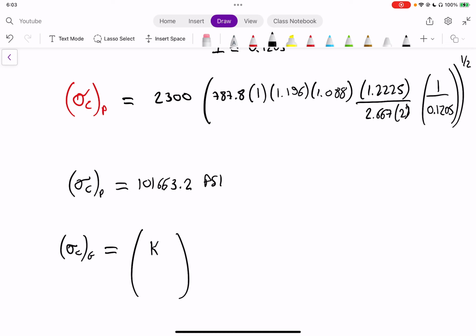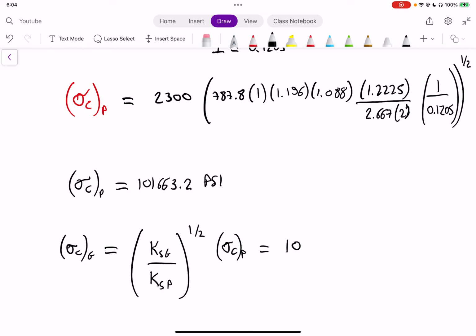You can say that ks of gear over ks of pinion to the 1/2 multiplied by sigma cp will give you your sigma cg. Because the only difference between your sigma cg and sigma cp is the ks, we can factor out that number and multiply by sigma cp to find the value.